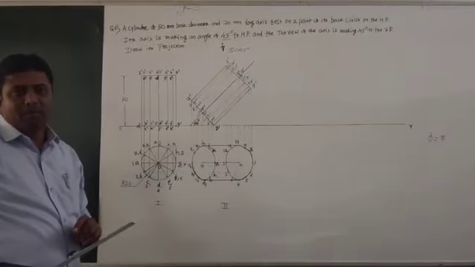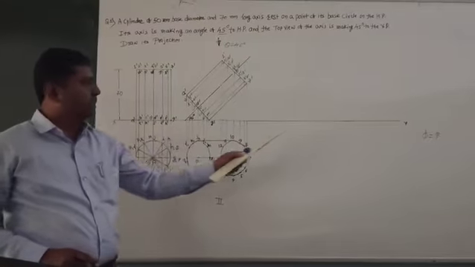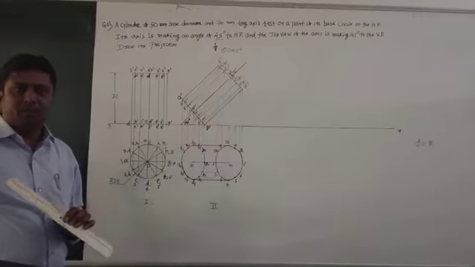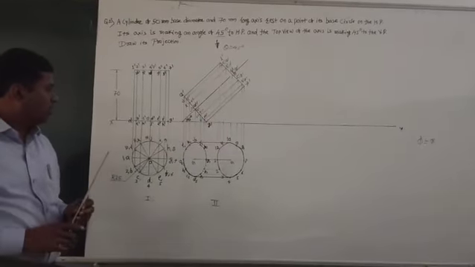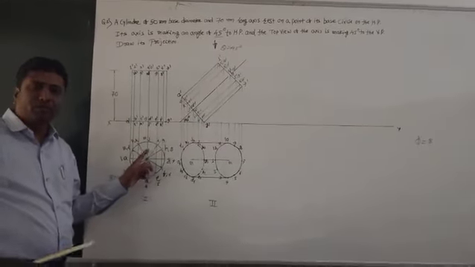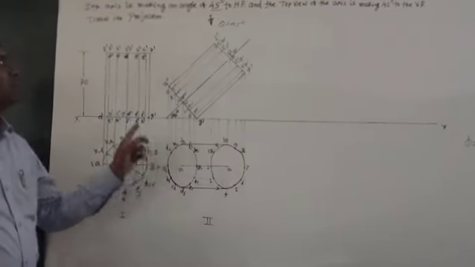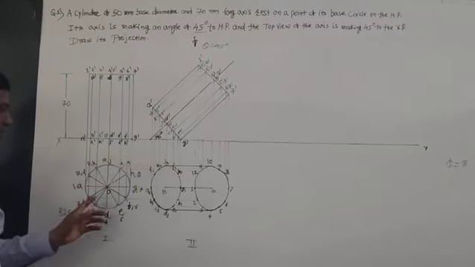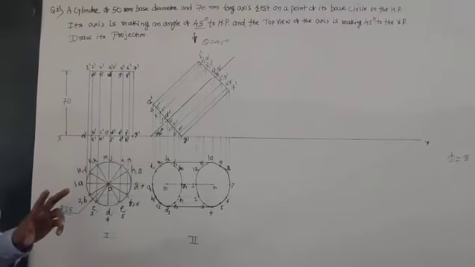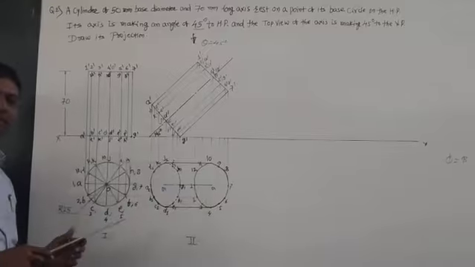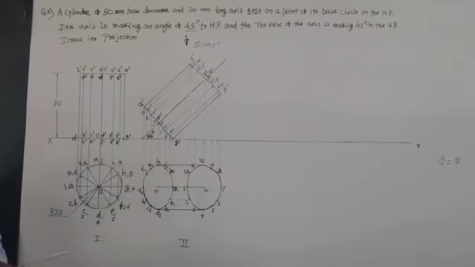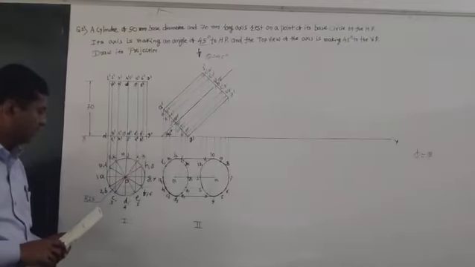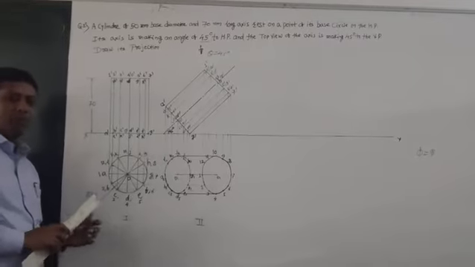So as our usual method, first you have to draw the XY line, that is the reference axis. Then using the first angle projection method, draw the top view. What is the top view? The top view is a circle. Here the diameter is given, so what is the radius? Diameter 50, radius is 25. Take 25 radius in the compass and draw a circle. And in our usual method, divide the circle into 12 equal parts.